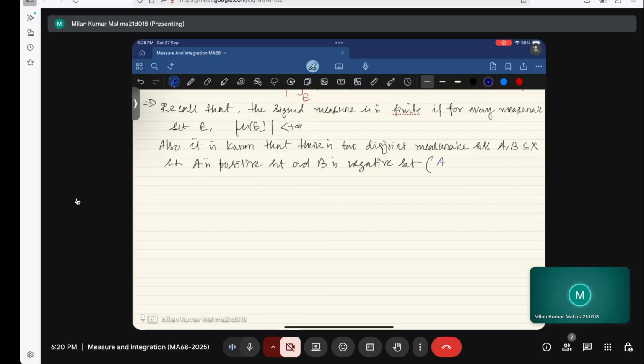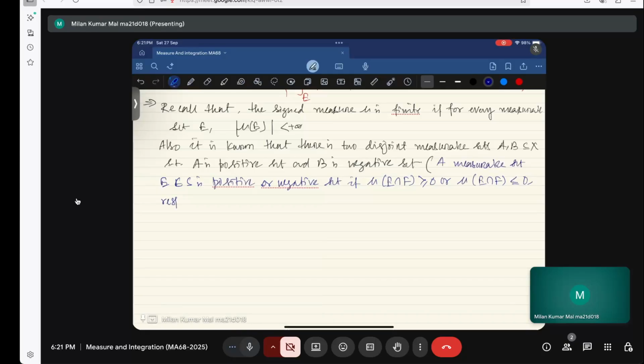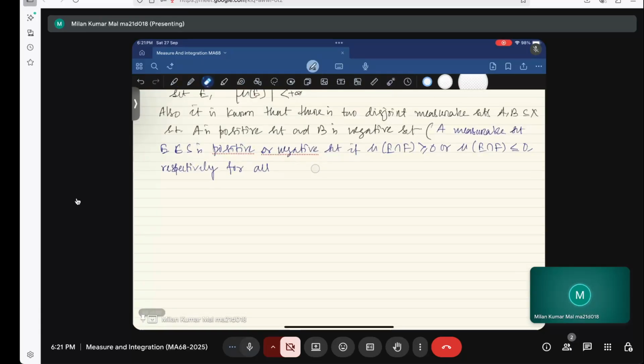A measurable set E belonging to S is a positive or negative set if the measure of E intersection F is greater than or equal to 0, or E intersection F is less than or equal to 0, respectively, for all measurable sets F belonging to S.